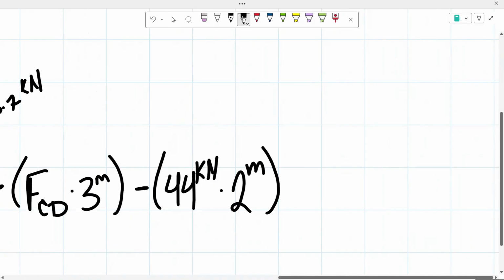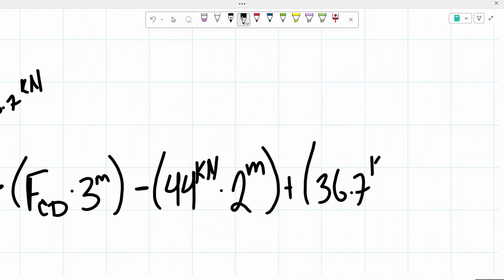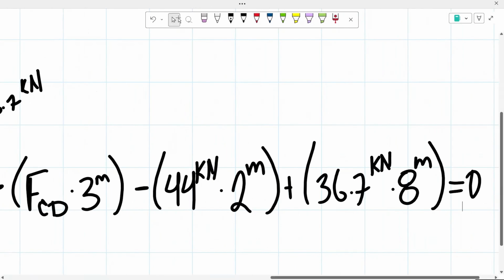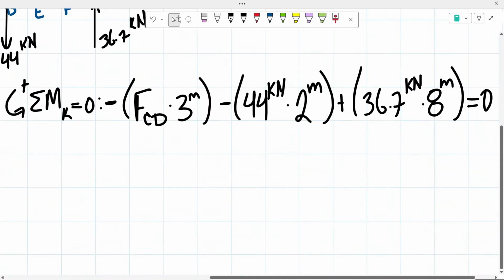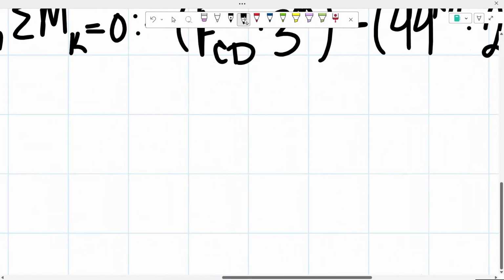So positive moment, force of 36.7 kilonewtons times the distance of 8 meters. We know that all of that has to equal 0. So from here, we would simply solve for the force of the bar or member CD.